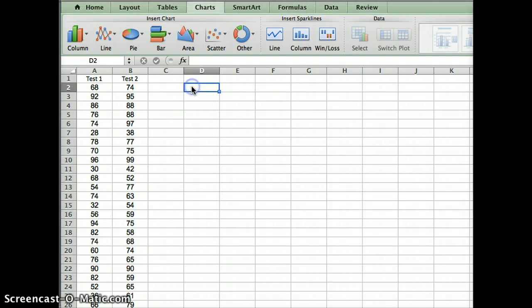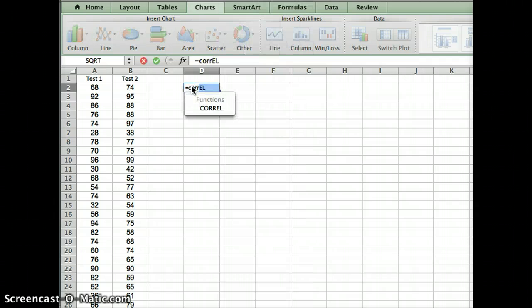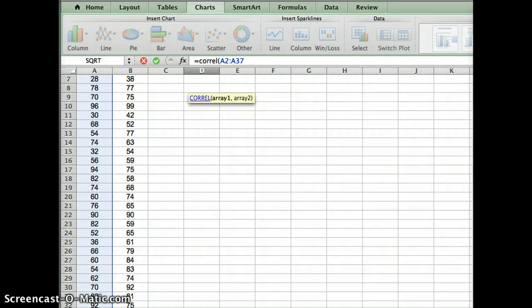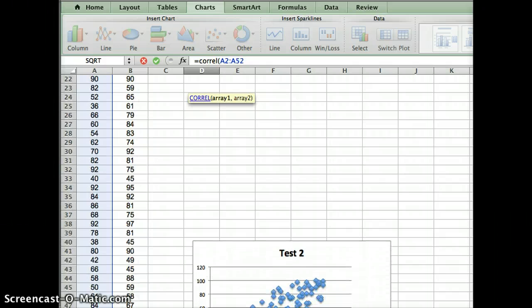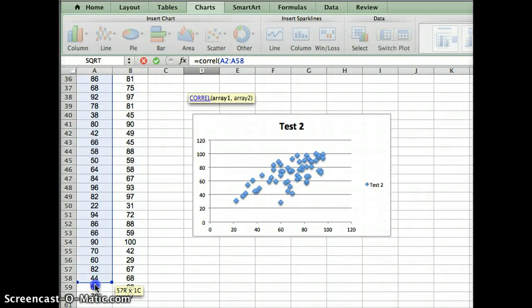The command for correlation coefficient is equals CORREL, C-O-R-R-E-L. We have to highlight the two columns. So I'm going to do that. I'm going to highlight the first column, comma, highlight the second column of data. So I've got the first column highlighted, hit comma.